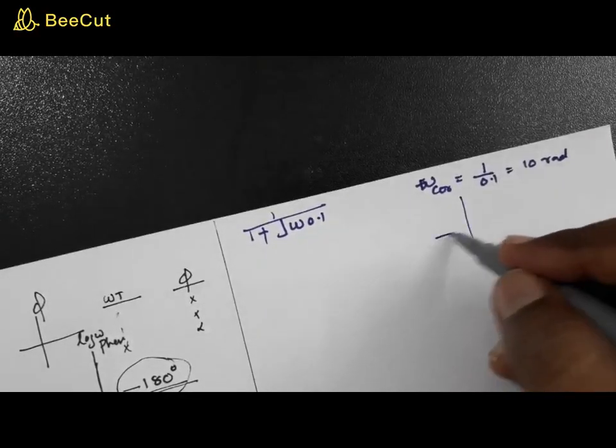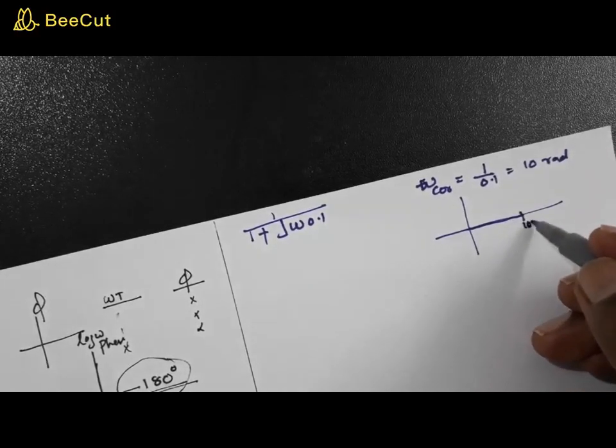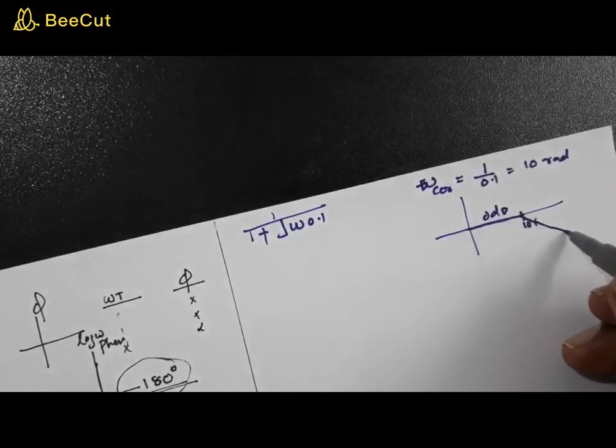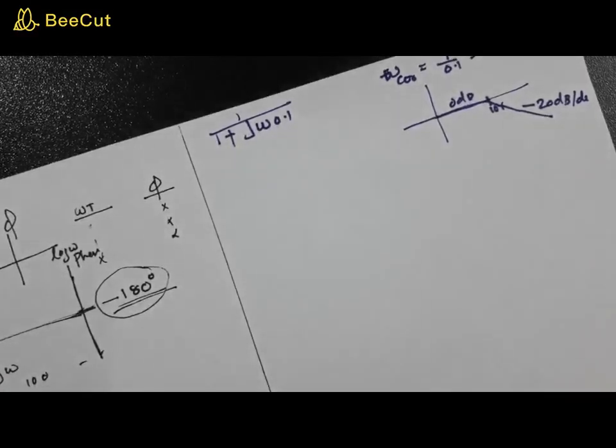Now if you try to plot this, up to 10 radians per second this will be 0 dB, and after 10 radians per second, this is going to fall. This is called a fall of minus 20 dB per decade.